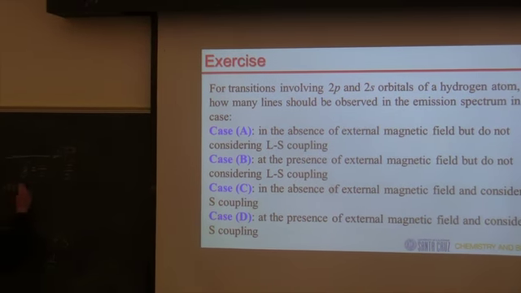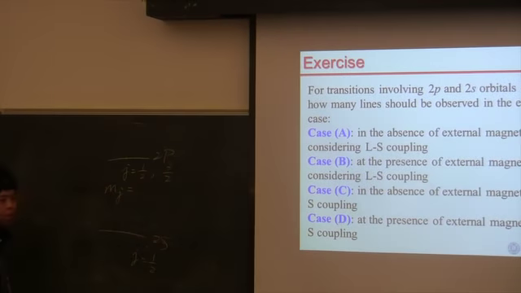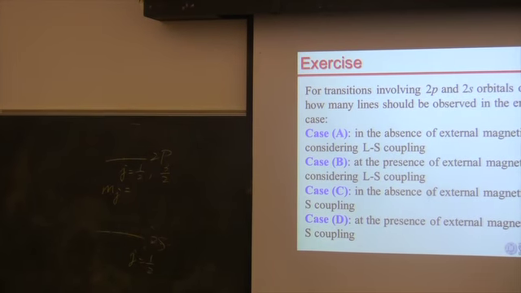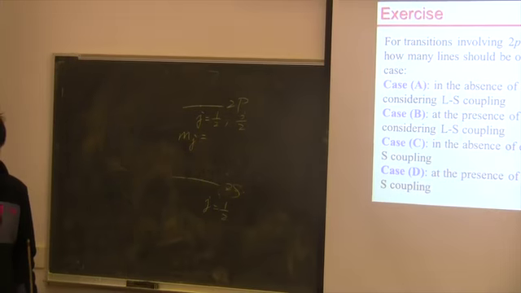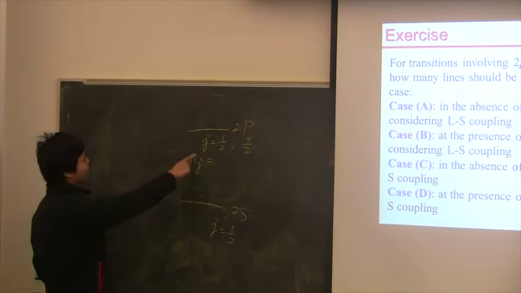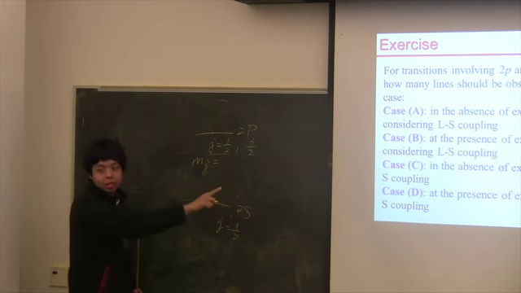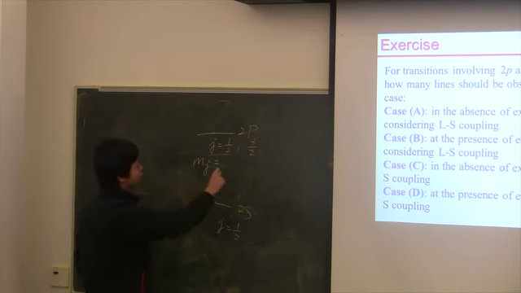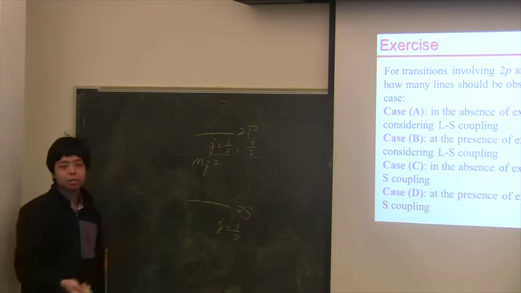So what's the MJ for 2P then? Going from -3/2 up. Well, that depends on two situations, actually. The first one, if J equals 1/2, we have one set of numbers. And if J equals 3/2, we have another set of numbers.